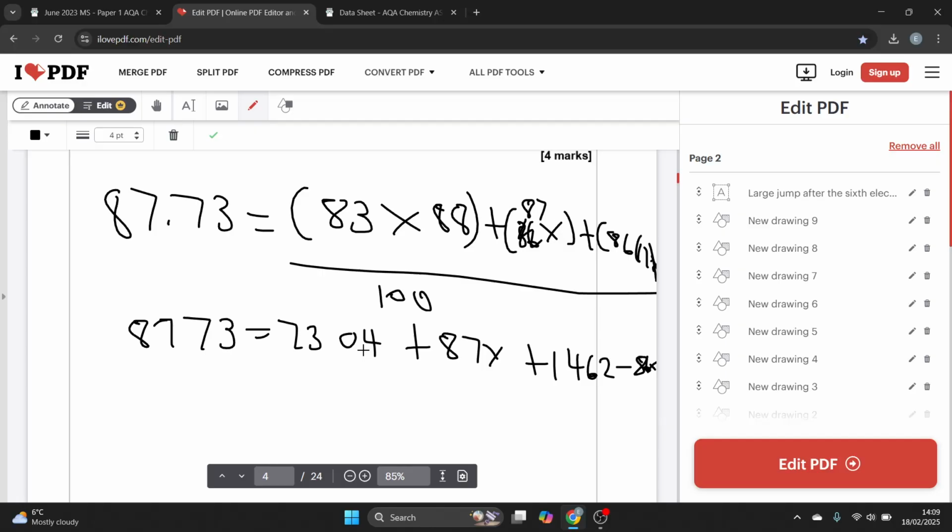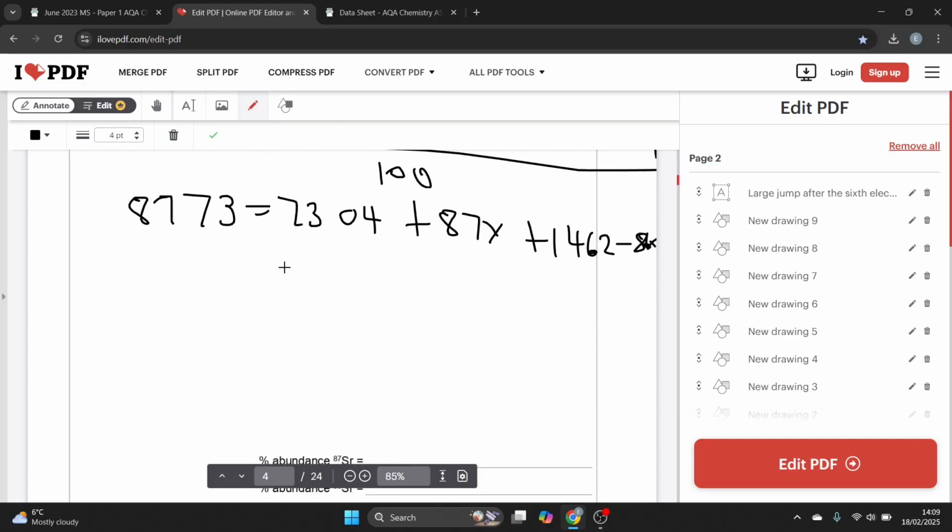Then I collect the like terms, move 1462 to the other side, 8773 minus my answer, and then I get 87 minus 86x. What's that? That's going to be x equals 7.